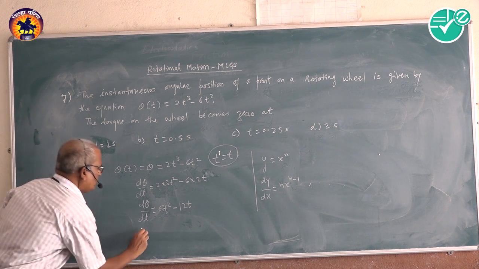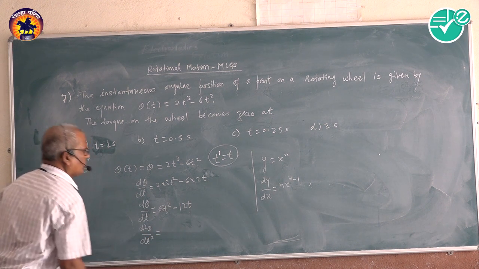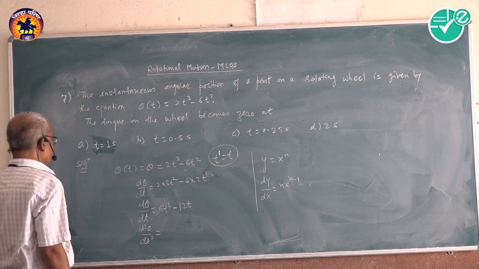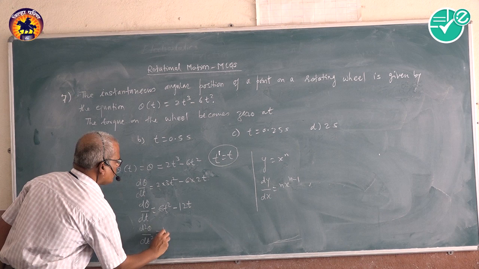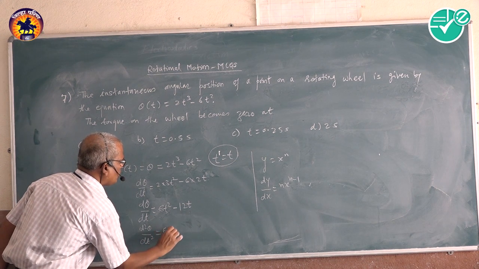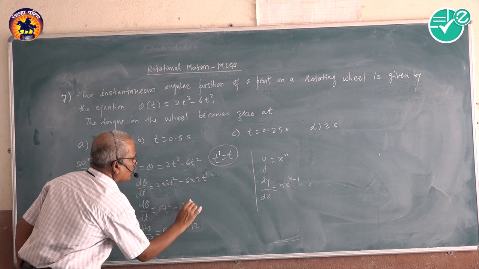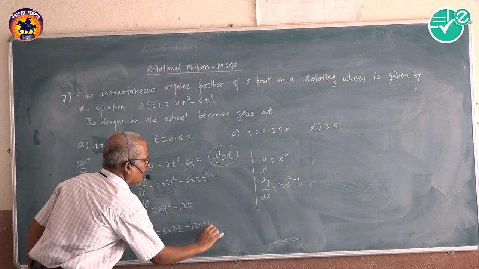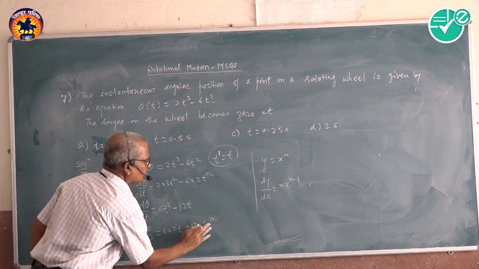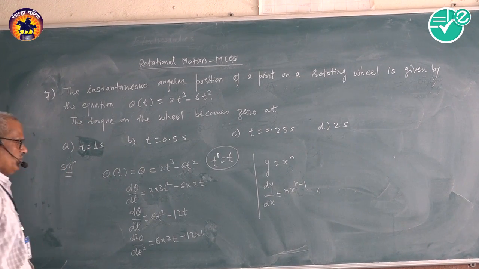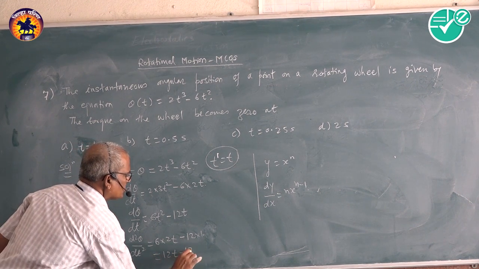Now d²theta by dt² is equal to, using the same formula, 6 as it is into 2t raised to 2 minus 1, which is t, and here is a 12, its power is 1 into 1, and t raised to 1 minus 1 means t raised to 0, so there is no need to write it. So it simply becomes 12t minus 12.